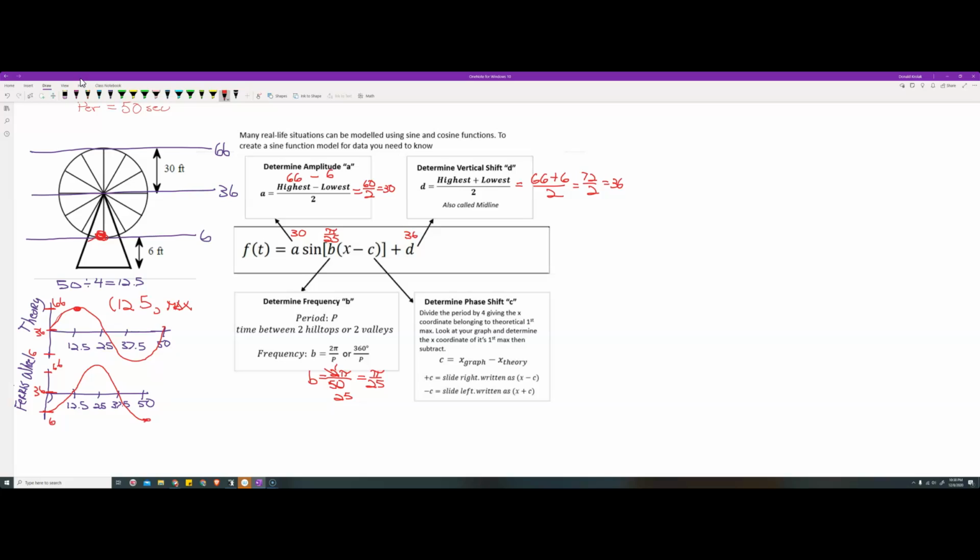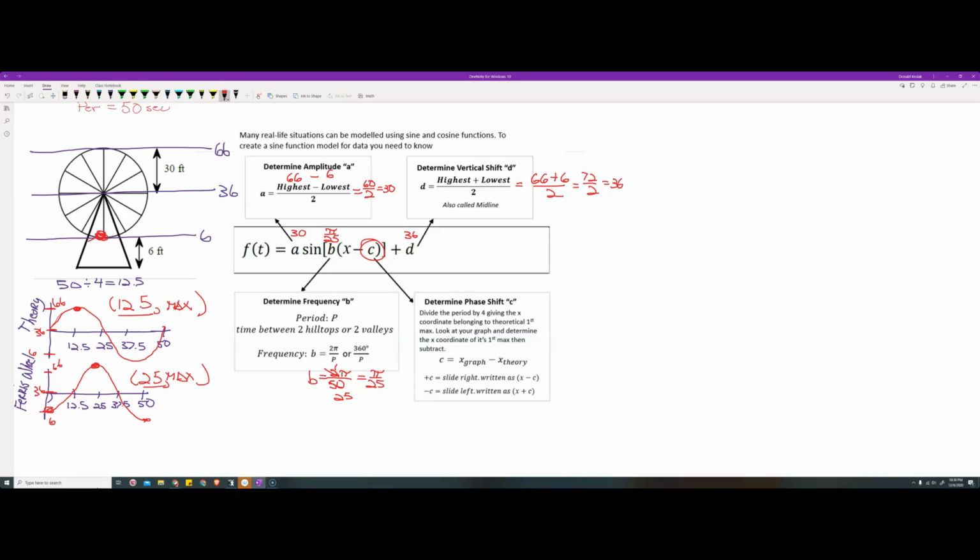Okay, so its first max doesn't happen until 25. So in order to get the theoretical max to match up with the actual max, we've got to add 12 and a half. Okay, so that is going to be our value of C.